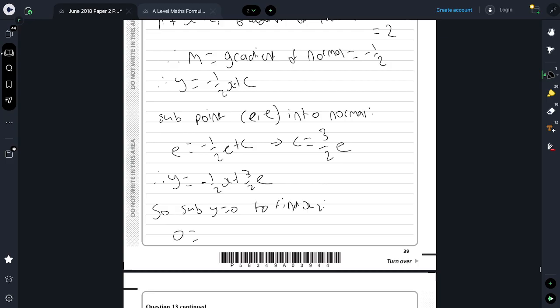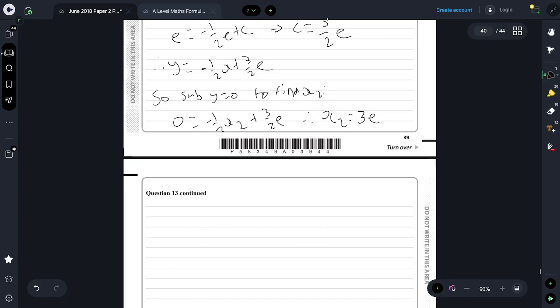And that means 0 is minus a half x2 plus 3 over 2 e. And that means a half x2 would be 3 over 2 e, so x2 is going to be 3e, right? Cool.